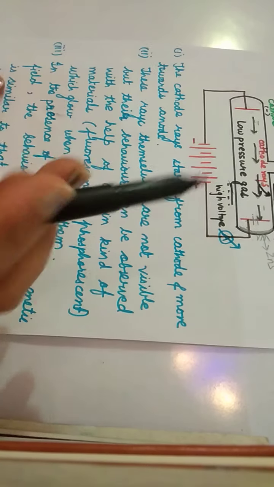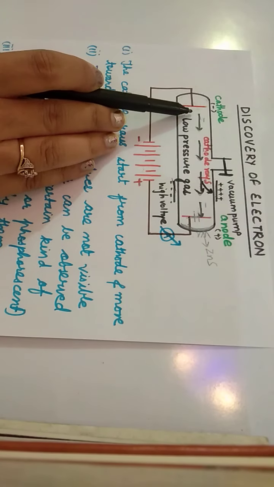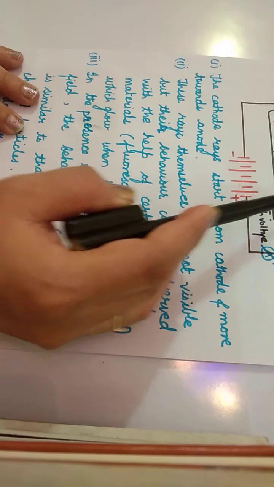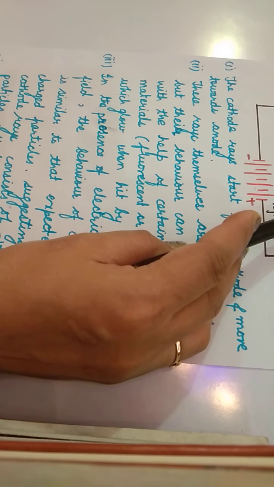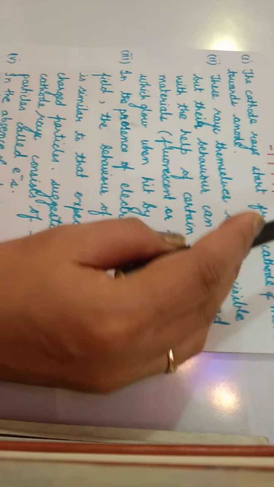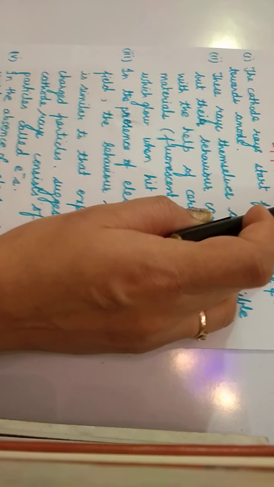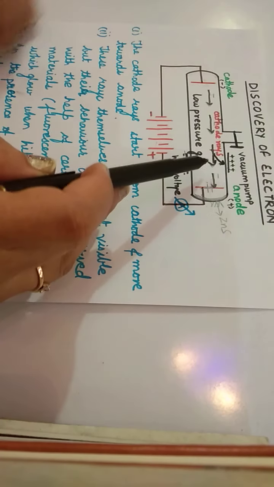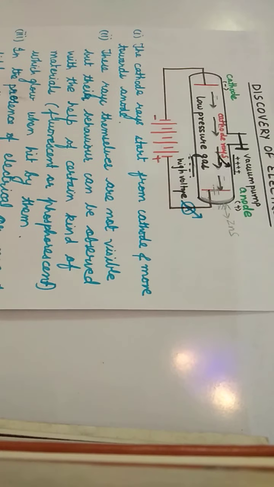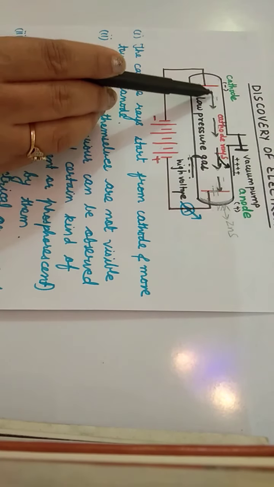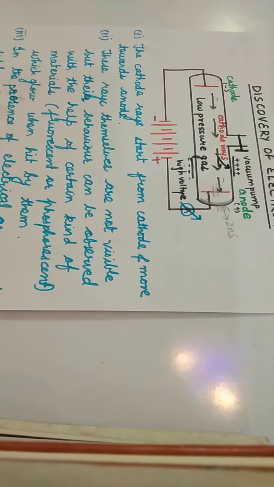It glows, and cathode rays start from cathode to anode. In the presence of electrical and magnetic fields, a deflection is observed, which suggests that cathode rays are negatively charged particles, known as electrons. In the absence of electrical and magnetic fields, no deflection is observed and they travel in a straight line.